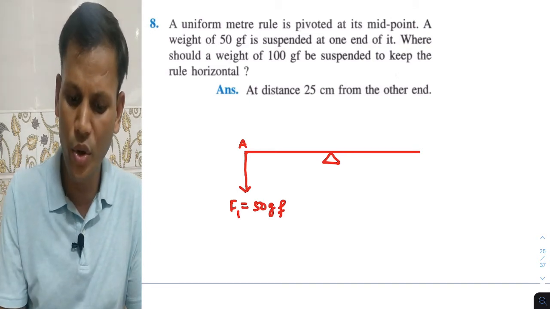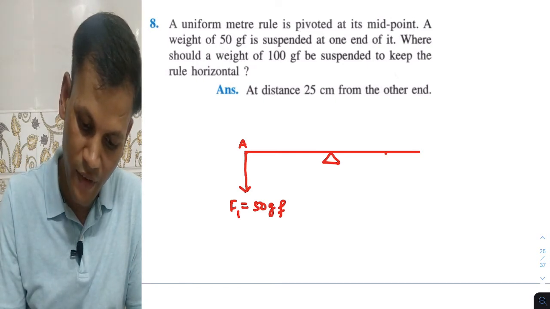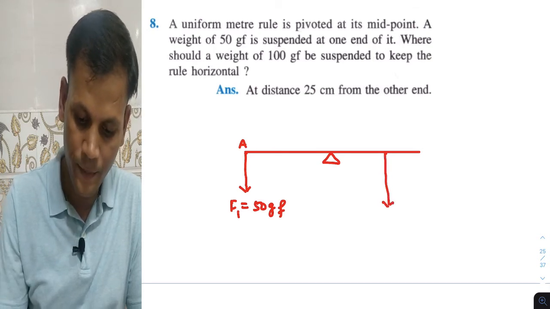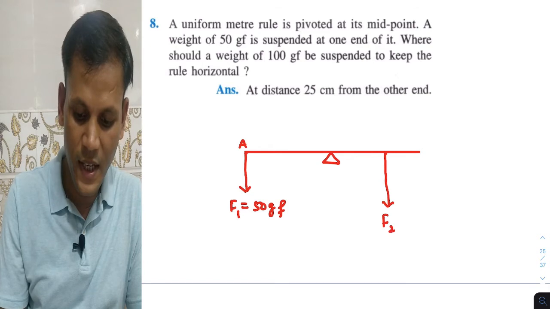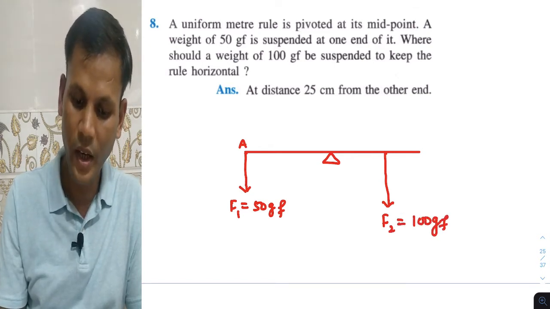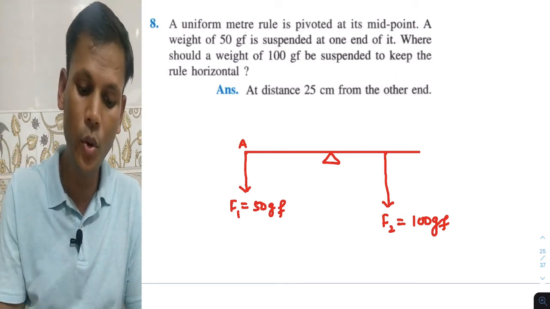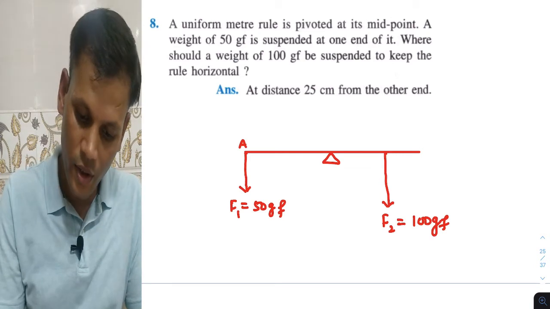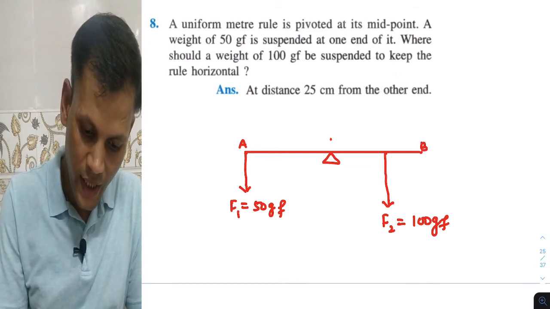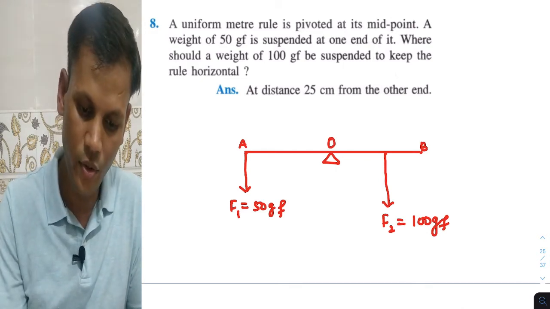That distance we don't know. Suppose we attach that weight at this position. At this position it is 100 gram, so F2 we will say as 100 gram force, suspended to keep the rule horizontal. Now this is end B, and this point I will take as center O.